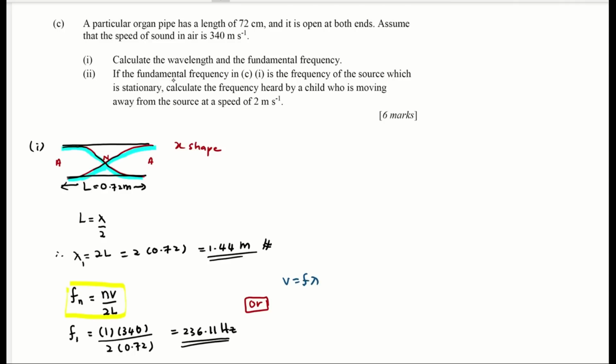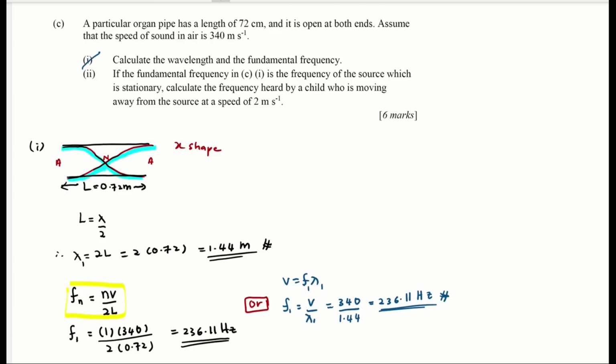Since we already have lambda 1 for the fundamental frequency, which is the first harmonic, we can find F1, the first frequency, which is equal to V over lambda 1. When you substitute the values, 340 and lambda 1 which we calculated earlier, 1.44, you will get the same answer, 236.11 Hz. There are two ways, use whichever you like, both are correct.